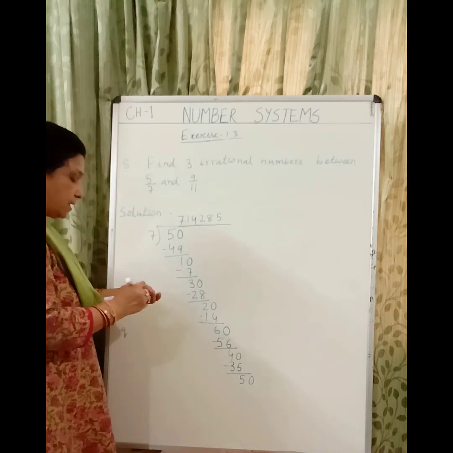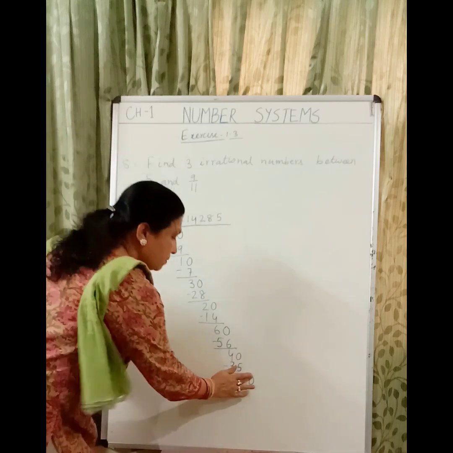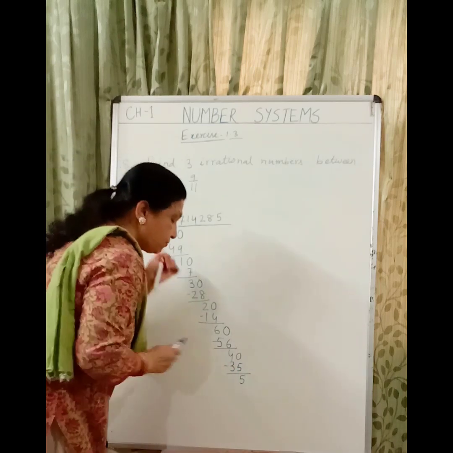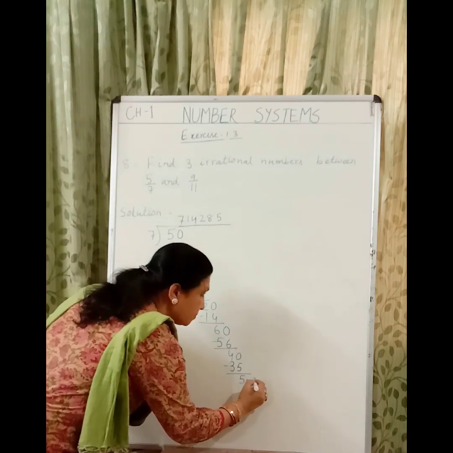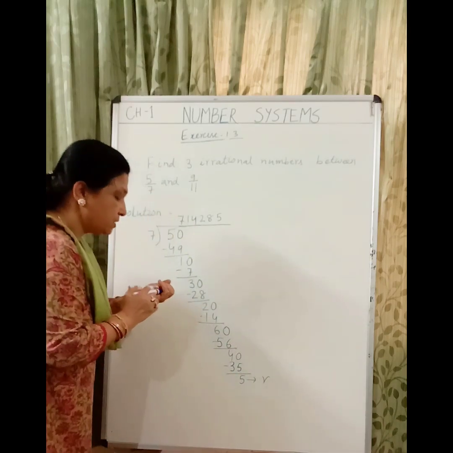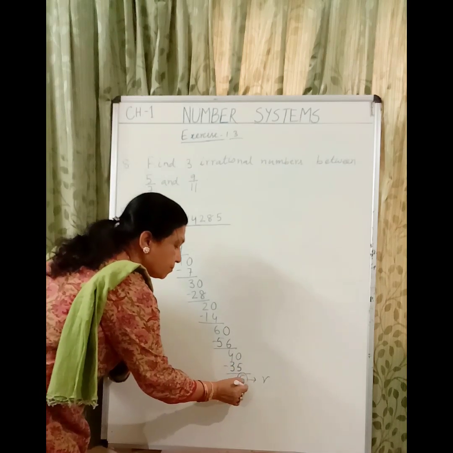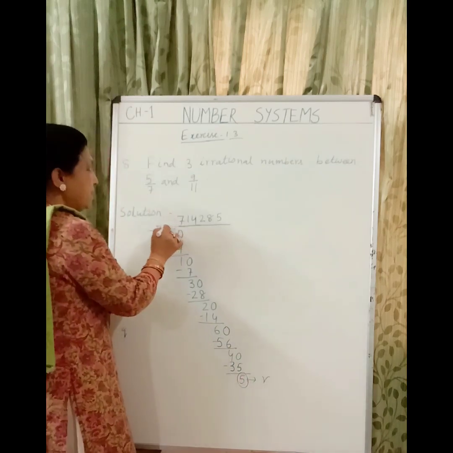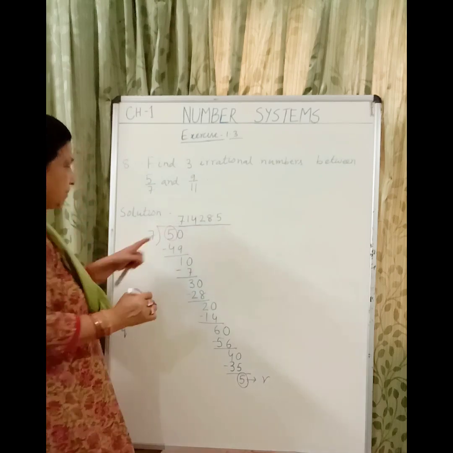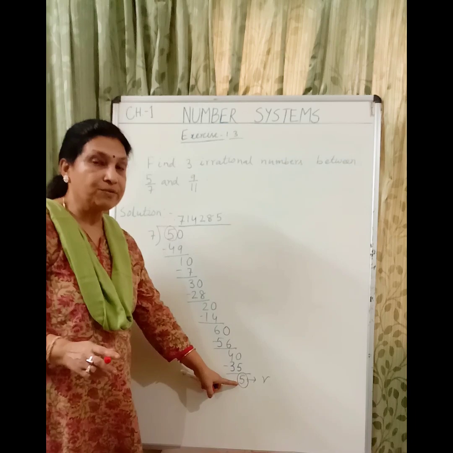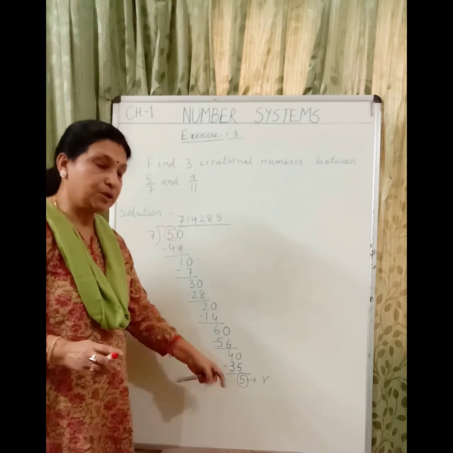You can see in this step, remainder is 5. We had started our division with 5. Now we are getting the same remainder as 5. So we have to stop our division here.